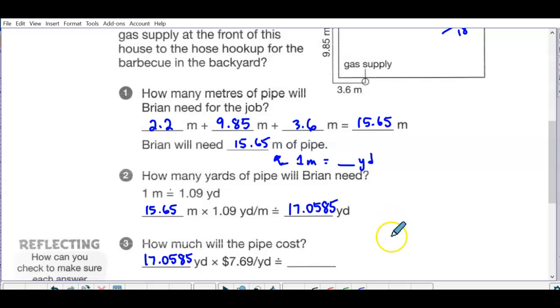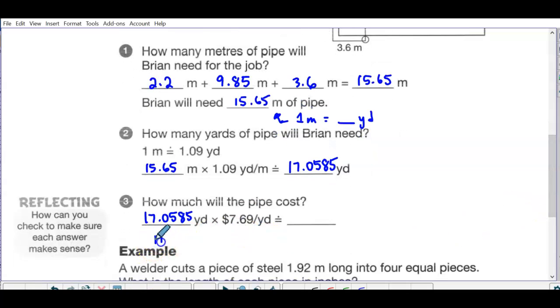But for us, just be aware that you could round this to 17, but then you'd be a little bit short. So probably if you bought at Home Depot, I would probably order 18 yards, okay? And then that gives you a little bit extra.